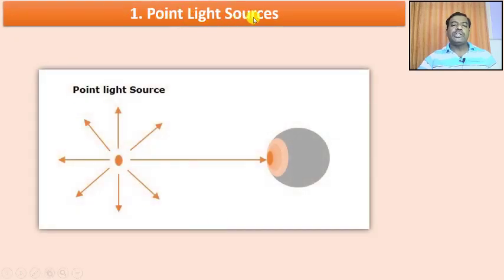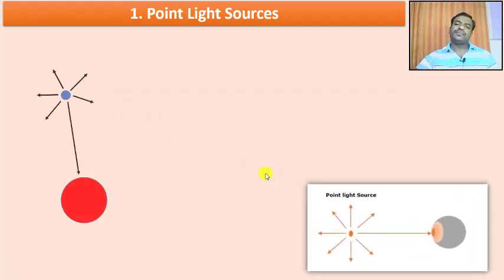When I say a point light source, we have a point from which the rays are emitted, and this point light source emits the rays all around it in a circular fashion, in all angles. Whichever ray is in a straight line with the view of the object will be incident on the object, and the object will acquire the shading property from the point light source.